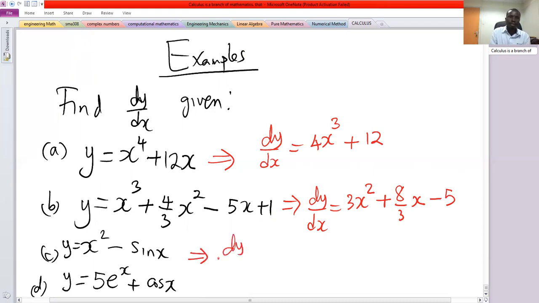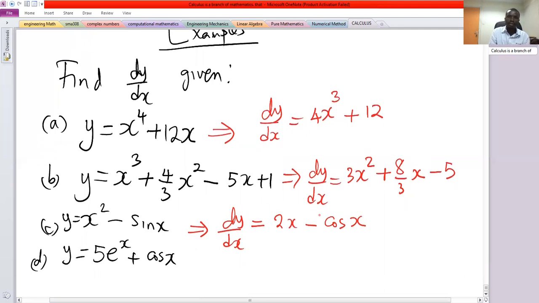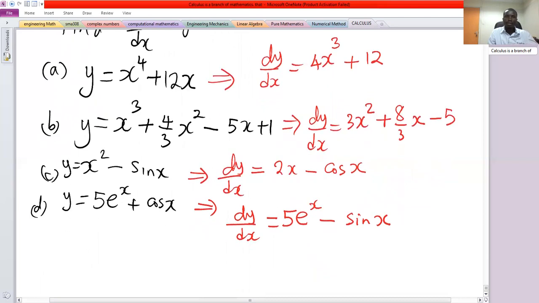For the third, the first term by the power rule gives 2x. The derivative of the sine function, we have derived, is the cos function, so it will be 2x minus cos x. For the fourth, dy/dx will be the derivative of e to the power x, which we have derived is e to the power x, and the derivative of cosine is negative sine. So those will be the solutions.